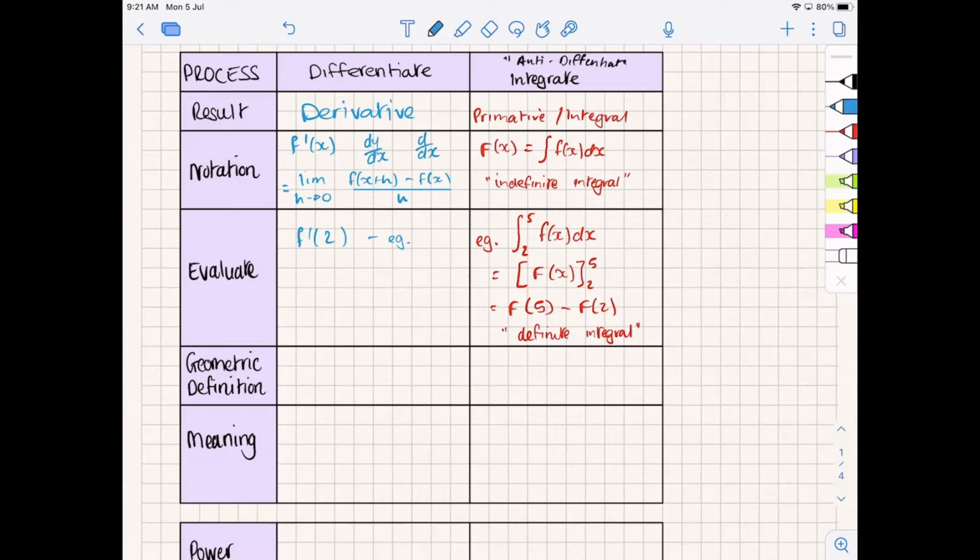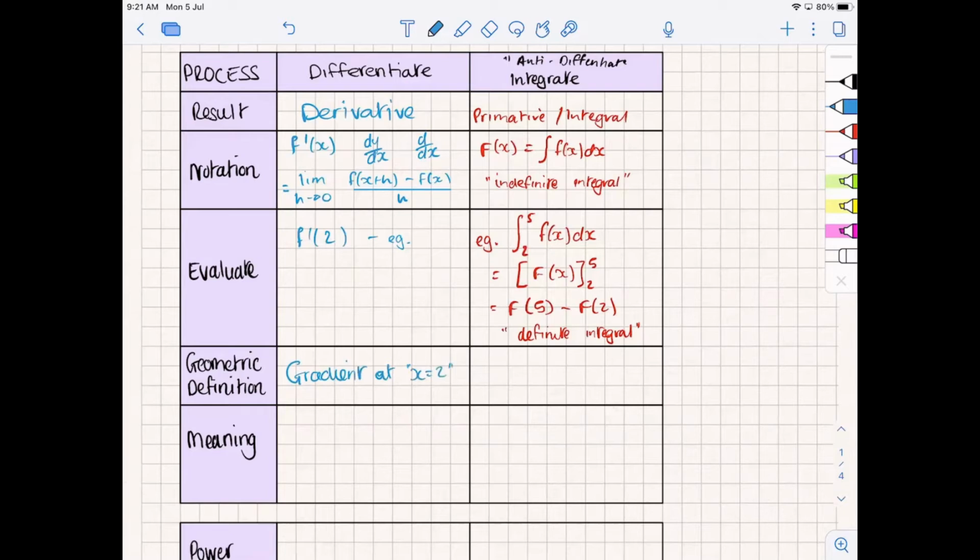Think what derivatives are all about. Differentiation is about one very specific idea: getting as close as you possibly can to a certain point. It's giving me the gradient, isn't it? And in my example, it's giving me the gradient at x equal to 2.